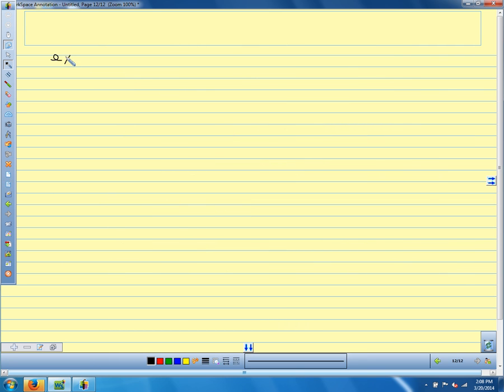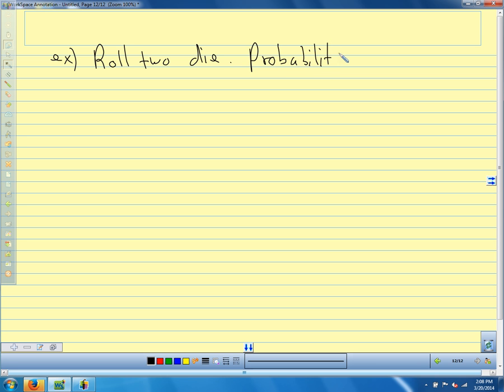All right. So let's say we roll 2 dice. And we want the probability of a total less than or equal to 10. Now this is a pretty easy example because it wouldn't be really difficult to count up all the different possibilities, the different ways that we can get less than or equal to 10.